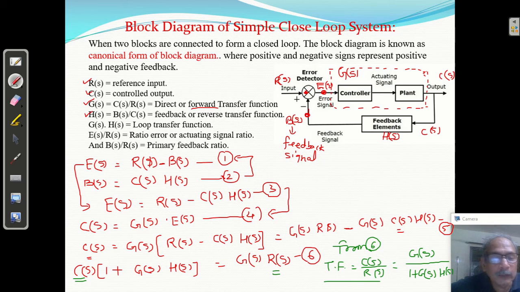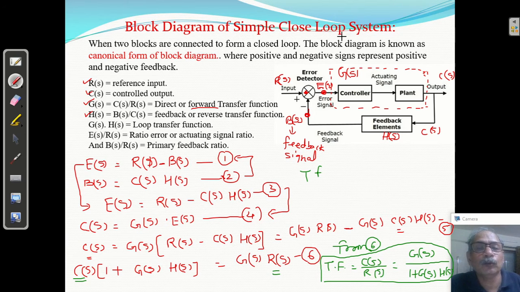Please, this is very, very important. The transfer function of a simple block diagram of a closed loop control system is C of S upon R of S equal to G of S upon 1 plus G of S H of S. That is the answer.